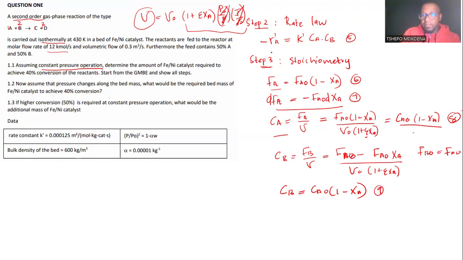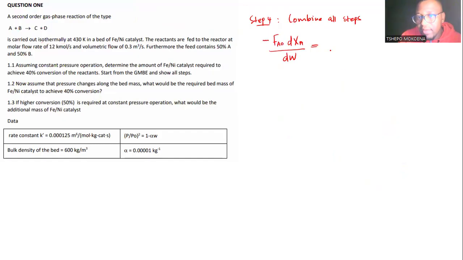But now, remember, we said that the rate of reaction, which is negative, is given by this equation, which is k prime CA CB. Again, we have already spoken about CA and CB. We said that CA and CB are equivalent to these expressions over there. So in this case, I don't think I'm going to have enough space. Let me write it here at the bottom. I'm sorry for the inconvenience.